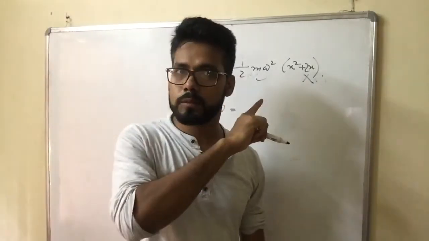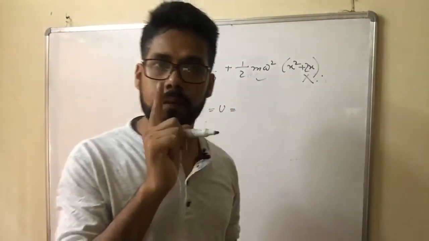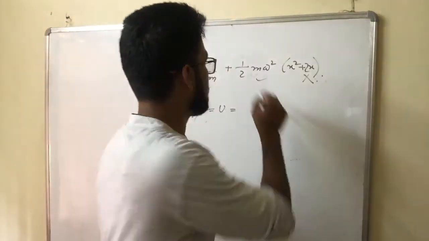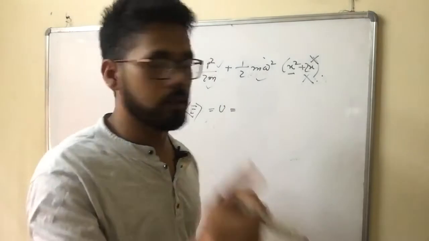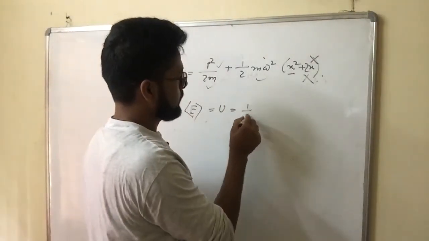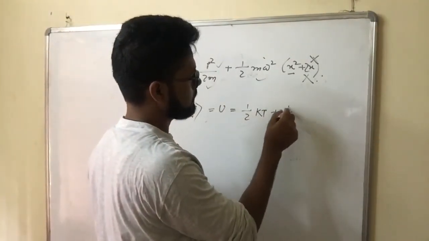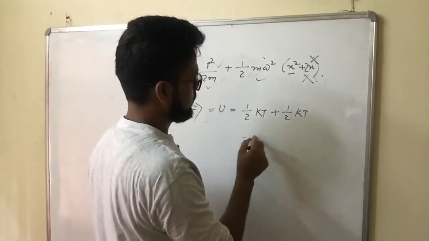Do not count the first term. Why? Because I have told you in equipartition theory, only harmonic terms contribute to specific heat. This is a harmonic term, square term. The first term is not a square term. So specific heat: half kT plus half kT equal to kT.